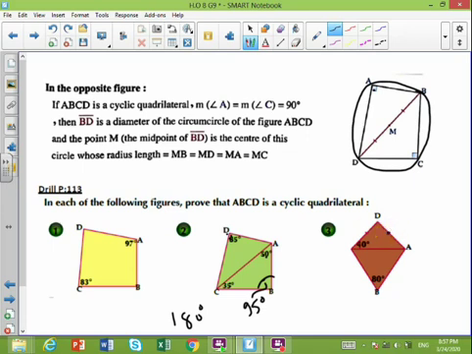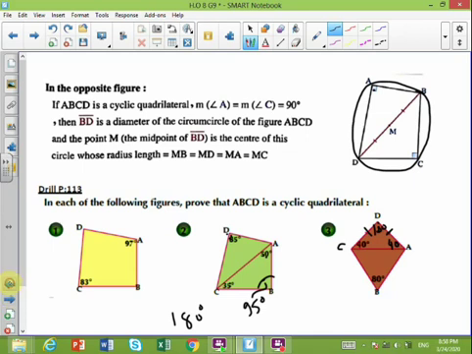This one I have AD equal to AC. This is C. So this angle will be 40. So the vertex angle in the isosceles triangle will be 180 minus 80, so it is 100. Add the opposite angles, it is 180.